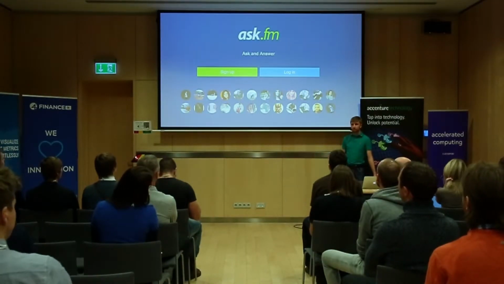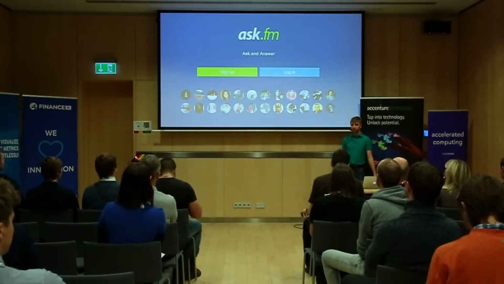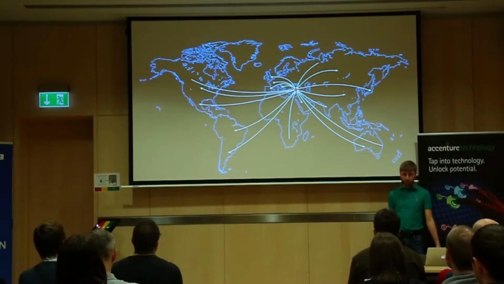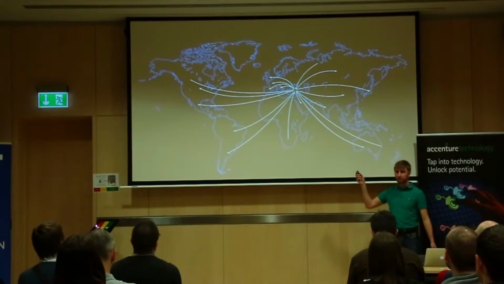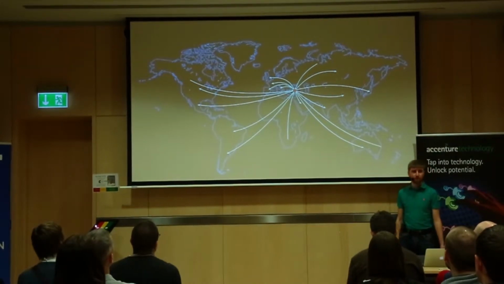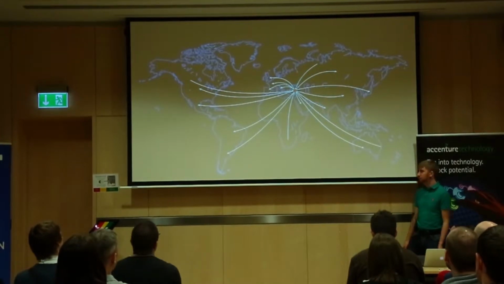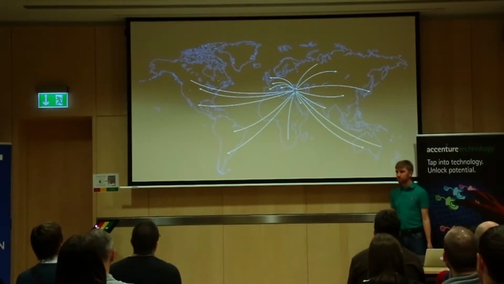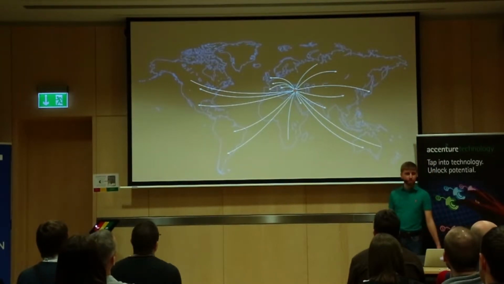CDNs. Before I talk about CDN, I will give a little information about how the web usually works. Usually you have one data center where you're hosting your website or your servers, and then all users in the world connect to that data center to get the data. For example, you have a news website hosted in Amsterdam, and all users from Europe will connect very fast to this data center.